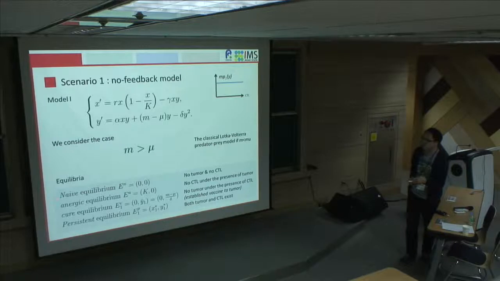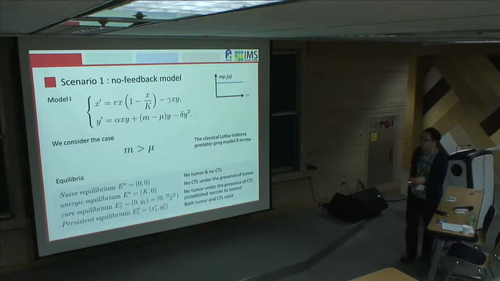One is called the naive equilibrium. In this case, we have no tumor cells and no tumor-specific CTLs. And I'm not sure whether the word is correct, but we call this the anergic equilibrium, which represents the presence of tumor cells, but no CTL is activated against the tumor. So we have here the carrying capacity.